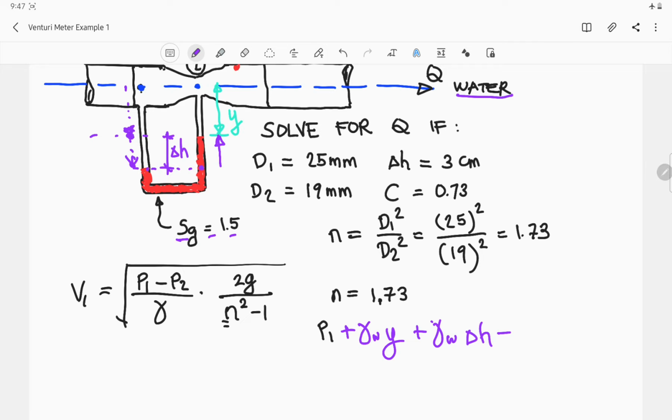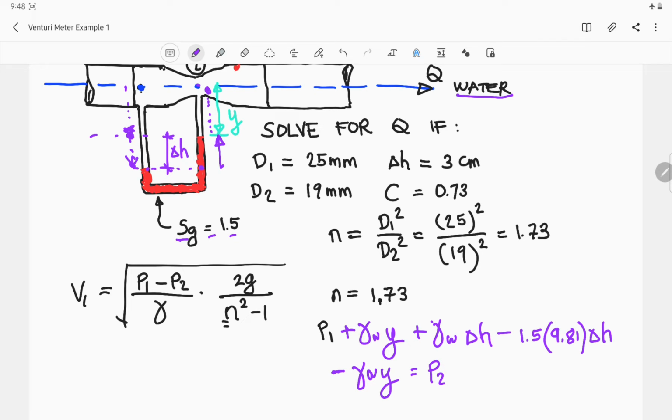So SG 1.5 times 9.81, that's the unit weight of the liquid, times its distance delta H. Then going upward further, minus again, gamma of water times y, that would be equal to P2.